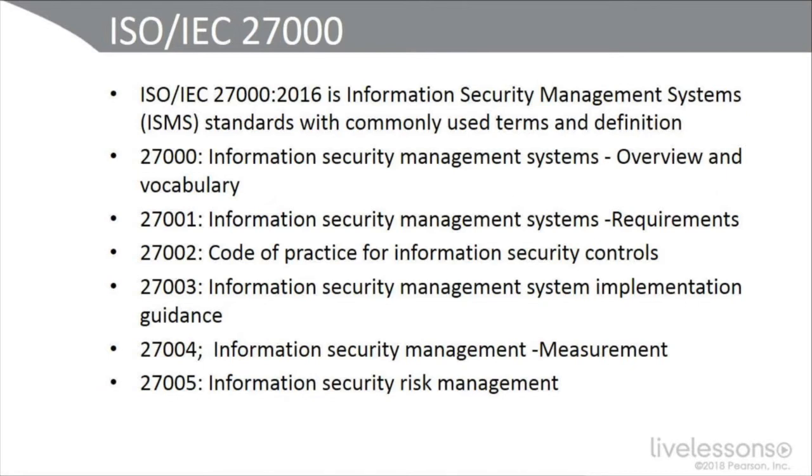I kind of listed out some of the more important ones here on the screen for you. So the ISMS itself is 27000-2016. 27000 is an overview and vocabulary. 27001 is the requirements of information security management systems. 27002 is a code of practice for information security controls. 27003 is information security management system implementation guidance. 27004, Information Security Management Measurement, and 27005, Information Security Risk Management.